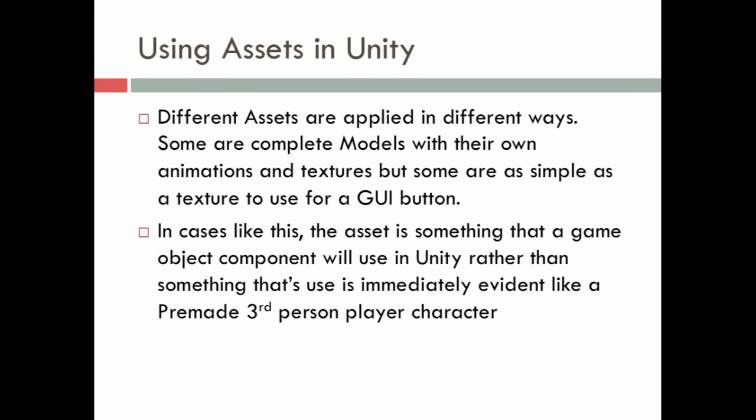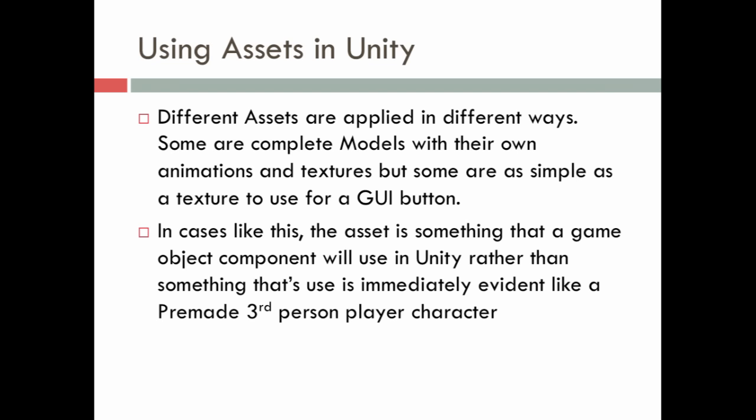Alright, different assets are applied in different ways. Some are complete models. For example, the things that you would get from the asset store can come with their own textures, come with their own animations. But there are some that are as simple as a texture to use for a GUI button. For example, if you're trying to make some kind of application and you use the touch screen capabilities or even a mouse cursor, and you want to give your buttons some kind of unique look to them, well, you can get these textures to use for what your button's going to look like.